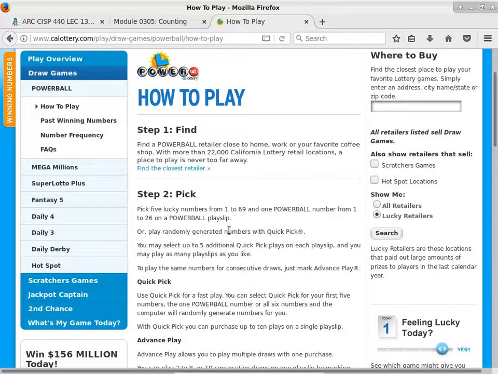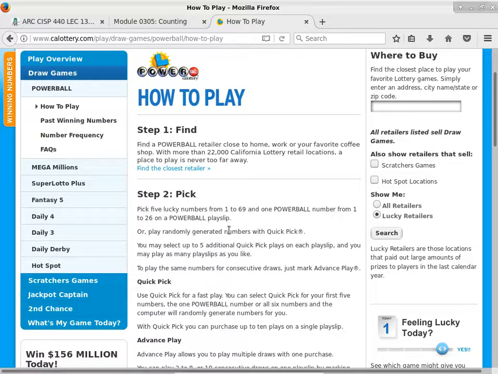So in the game, when they want to find out what the actual 5 lucky numbers are, that's an experiment. Plus the Powerball number itself, that's another experiment. Well, combined it is one single experiment, but it has 2 parts. So are we doing okay so far with this or not?